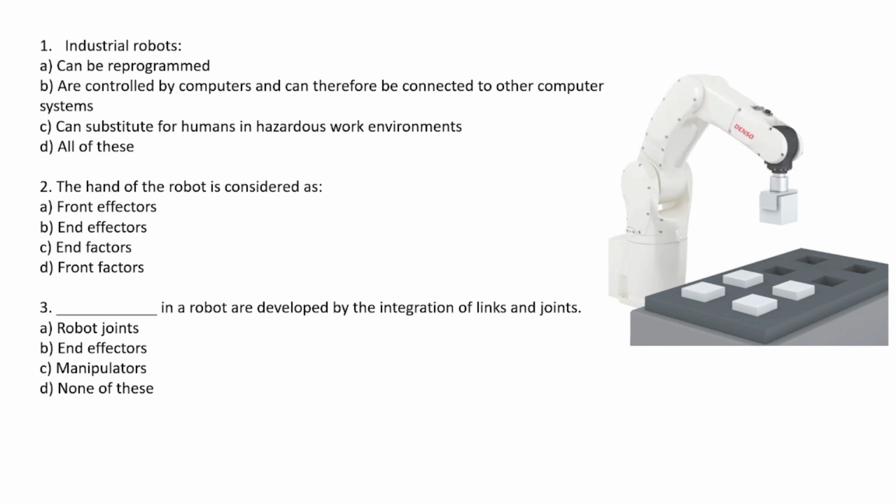We can say it is a highly automated machine cell consisting of a group of processing stations interconnected by an automated material handling and storage system, which is controlled by an integrated computer system. This is the main principle of the flexible manufacturing system.